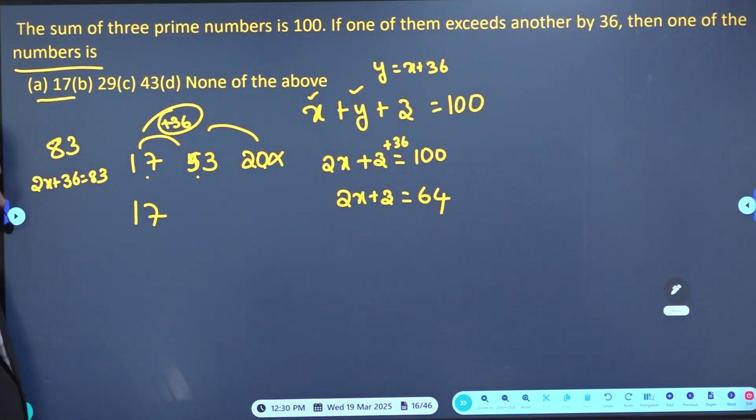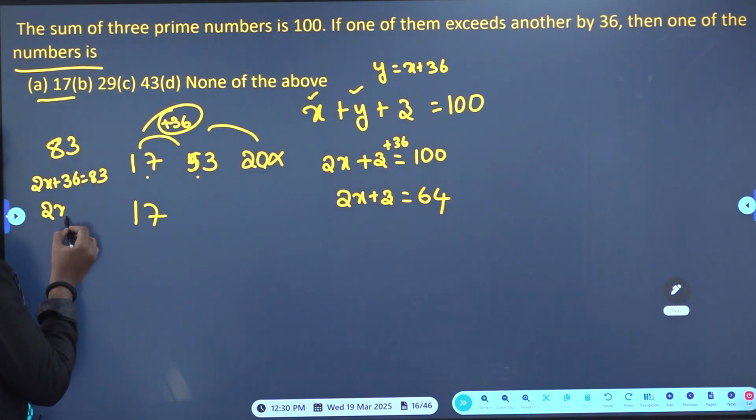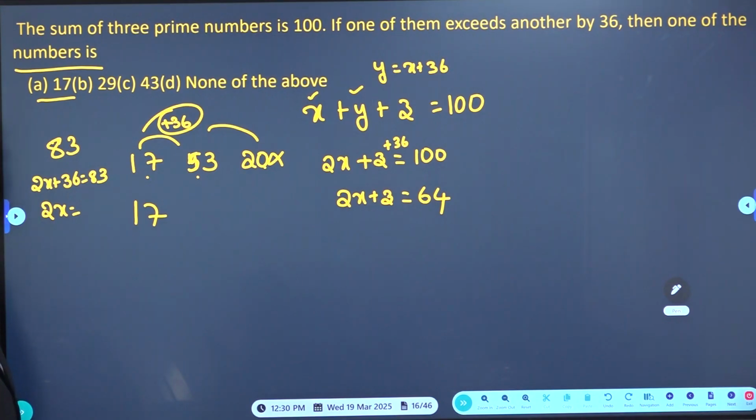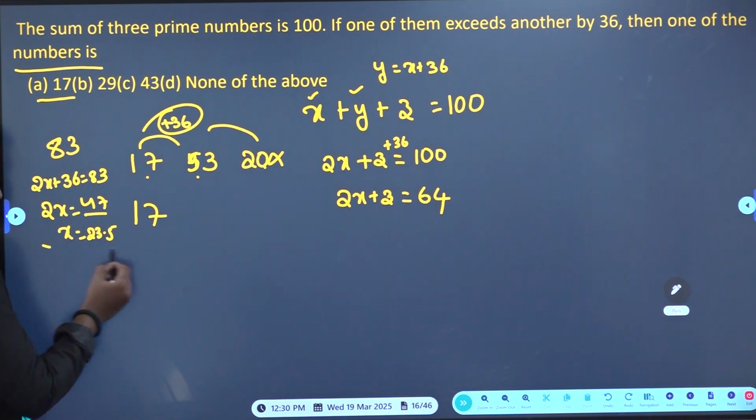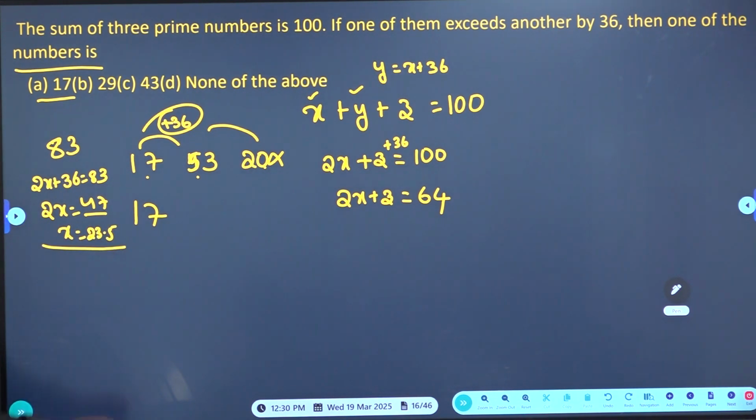If I subtract 36 from 83, what will I get? Definitely an odd number, 47. What happens to my x? X will become 23.5. Is 23.5 a prime number? No, decimals are not prime numbers. We will not take them as prime numbers usually. So 17 is not my answer.